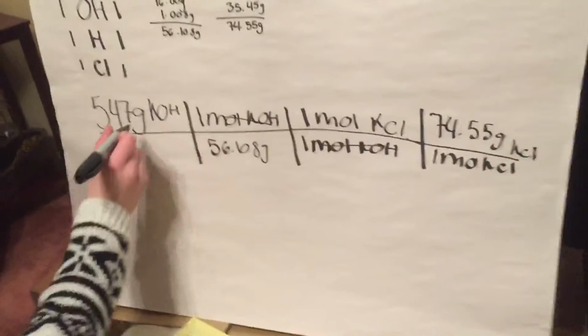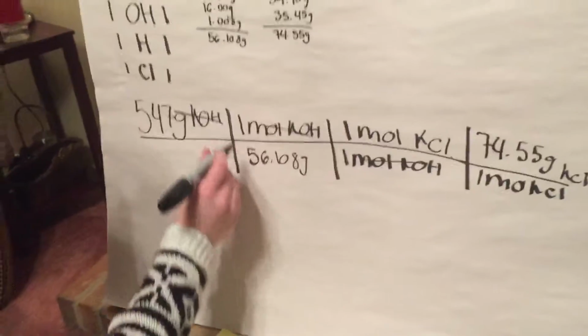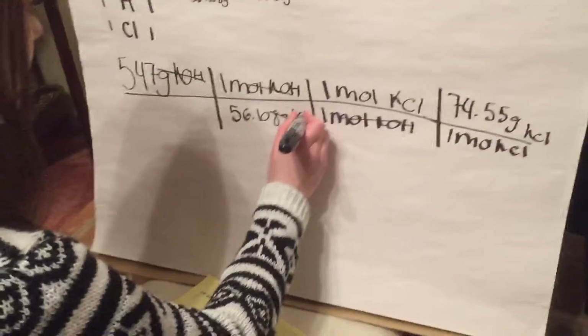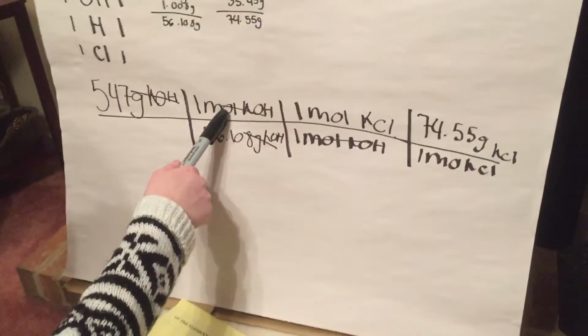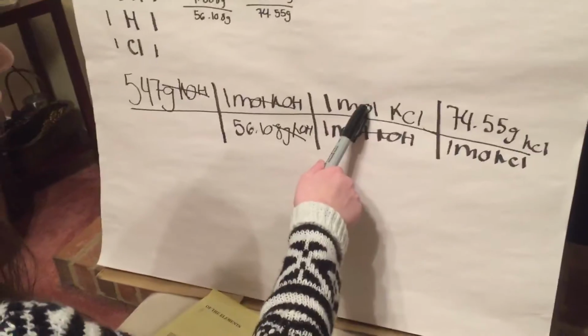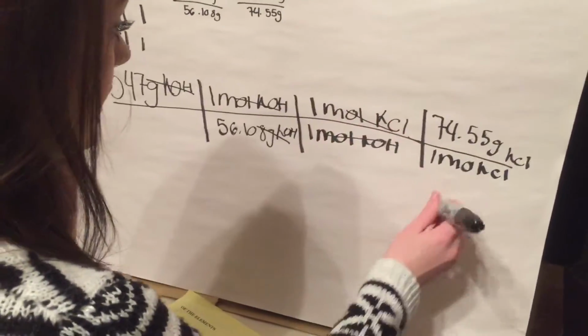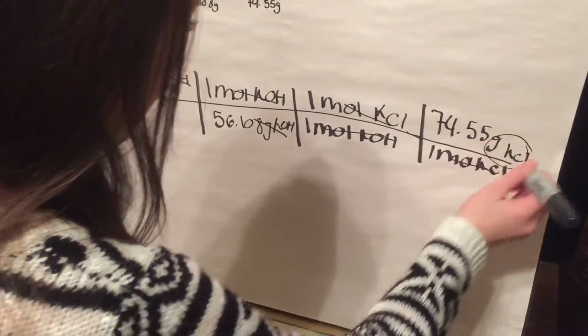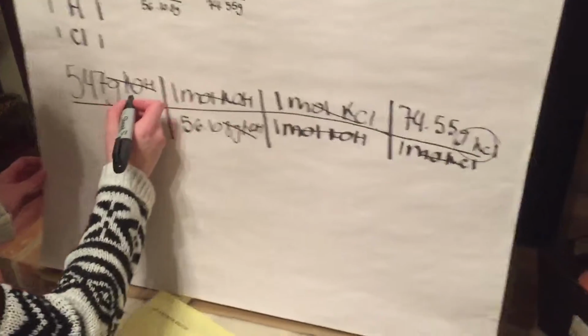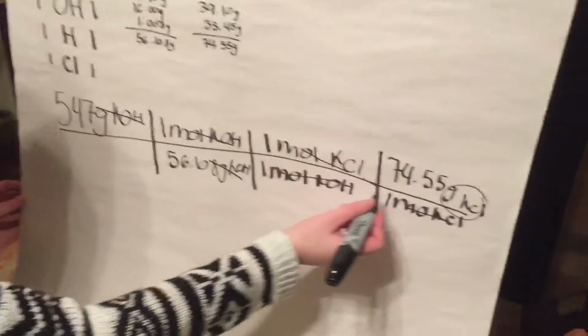So everything cancels out: grams of potassium hydroxide, moles of potassium hydroxide, moles of potassium chloride, and then we're ending with grams of potassium chloride. When you're typing this into your calculator, the top is all multiplied and the bottom is division.